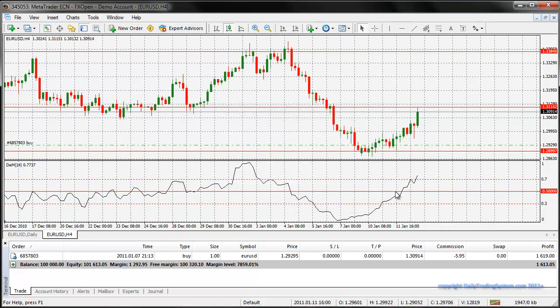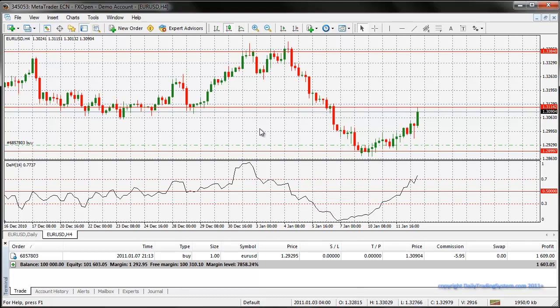Now 0.5 is basically half of that 0.7 and that 0.3. It's the midway point, and this midway point is our alert to get out.